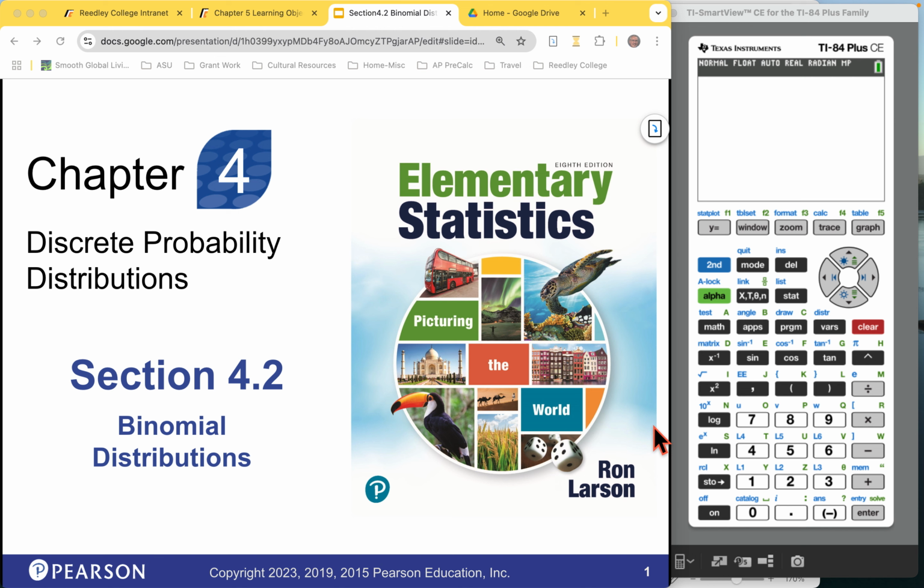Look at a specific type now, a binomial distribution. When you hear the word binomial, what does that make you think of? Two. Good. We only have two variables. This is for like a yes or no question. There is no maybe. It's just yes or no. It's a success or a failure. There's not in between.